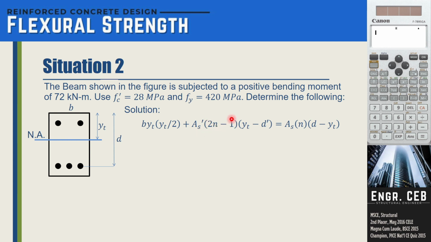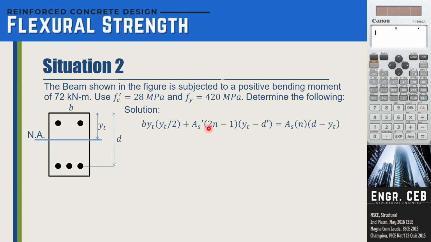Okay, so what's the reason behind 2n minus 1? Previously, we only used n as a multiplier to A S when taking moments of the A sub S. But this time, we have 2n. It is because, according to the study, the steel reinforcement on the compression side is stronger than the reinforcement on the tension side.